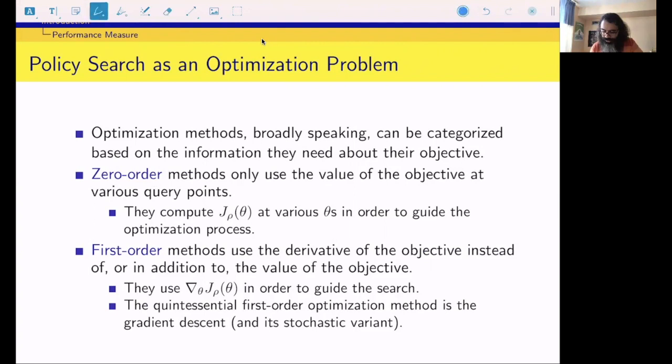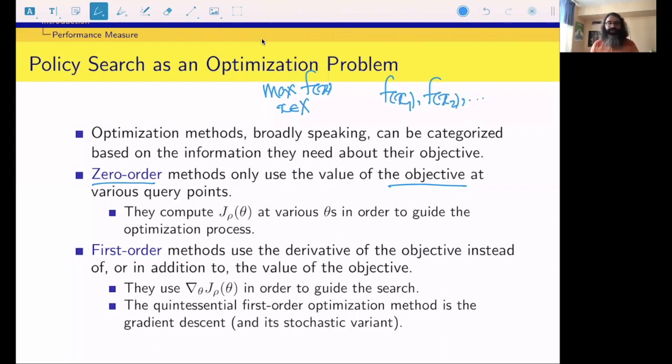Zero-order methods only use the value of the objective at various query points. So if I want to maximize f of x for some x in some input space, these methods only use the values of f at different points, x1, x2, and try to maximize it.